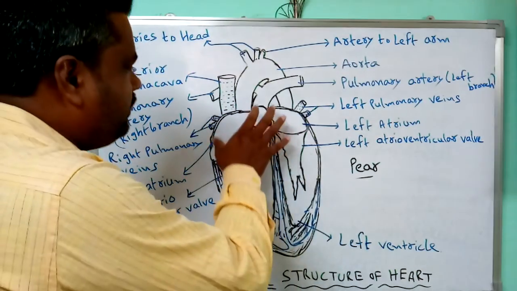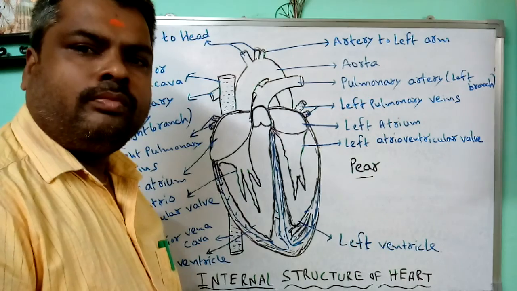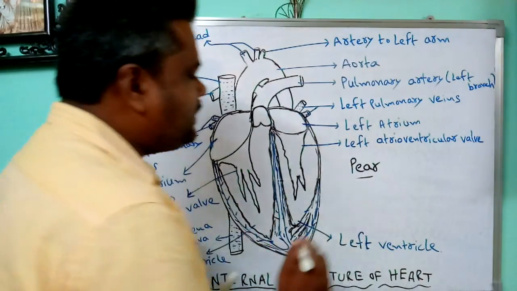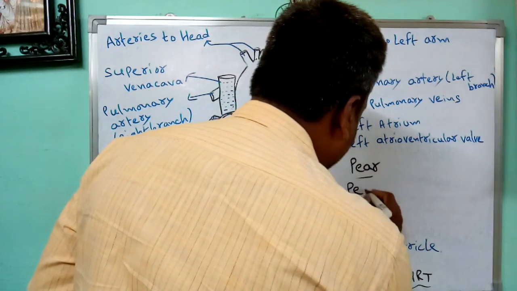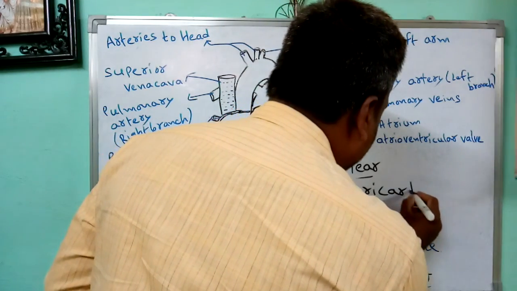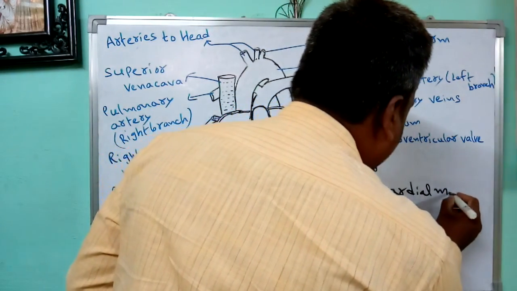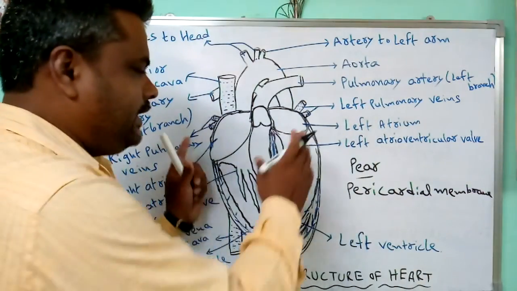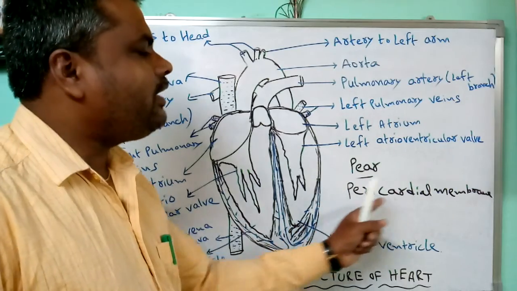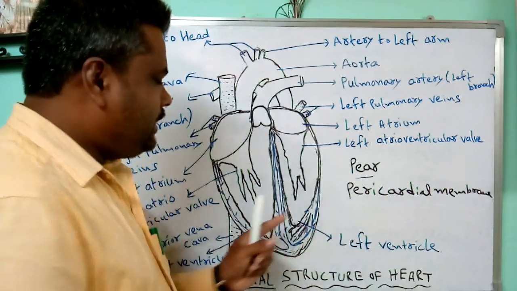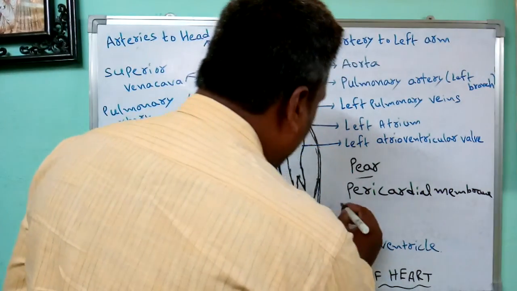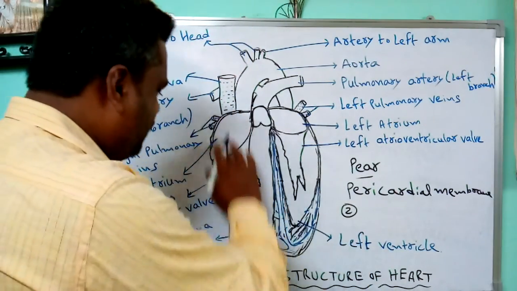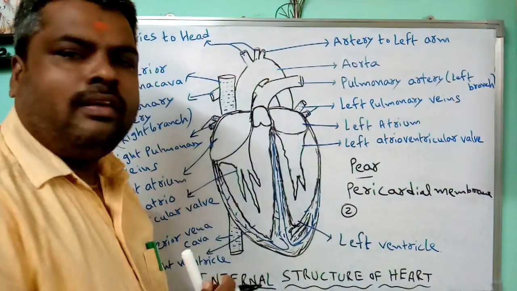Next, the heart is covered with membranes that are commonly called the pericardial membrane. Generally, two pericardial membranes cover the entire heart.